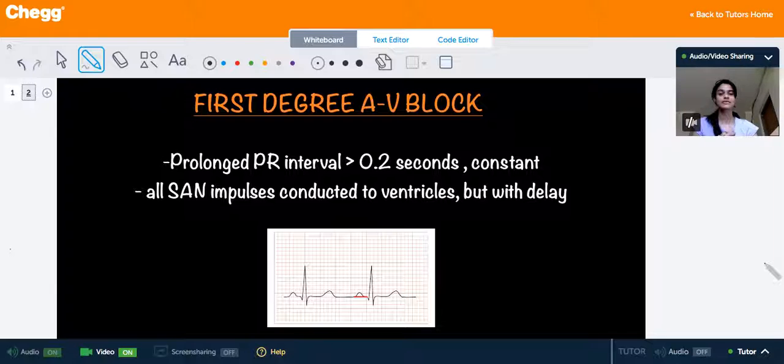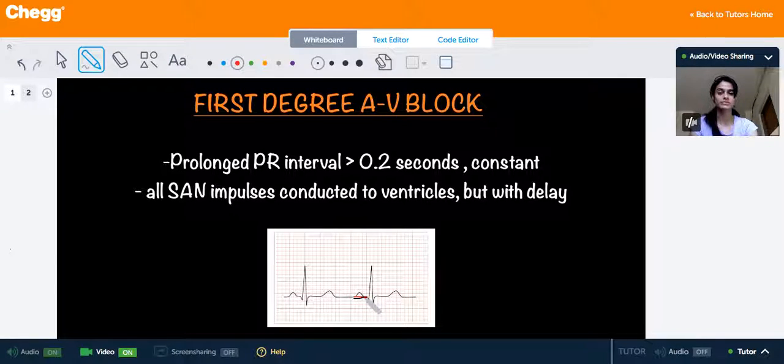So in a first degree AV block, you're going to have a prolonged PR interval. The PR interval, as I've marked in this red line right here, is the point between the start of the P wave and the start of the QRS complex. This thing right here is the PR interval.